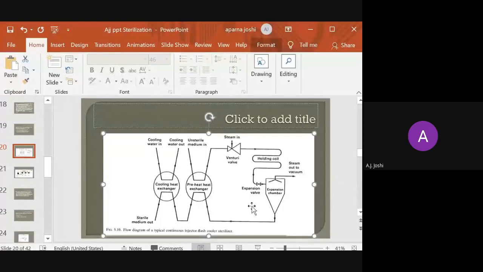I thought this diagram is quite easy for you, if a question is asked on continuous sterilization and you are required to draw a particular diagram. That's why I have added this diagram.